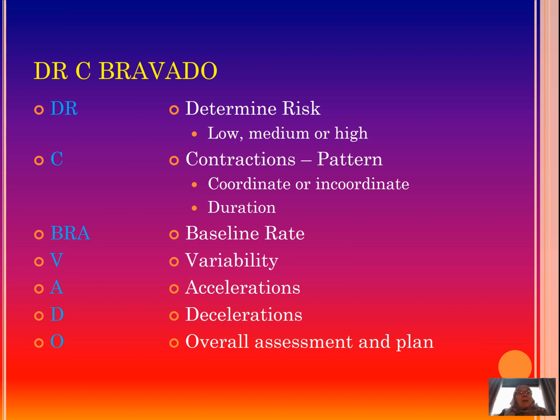So are contractions present? And if they are present, are they coordinate, incoordinate? What is their duration? BRA means baseline rate. V, variability. A stands for acceleration, D for deceleration, and finally O for overall assessment and plan.